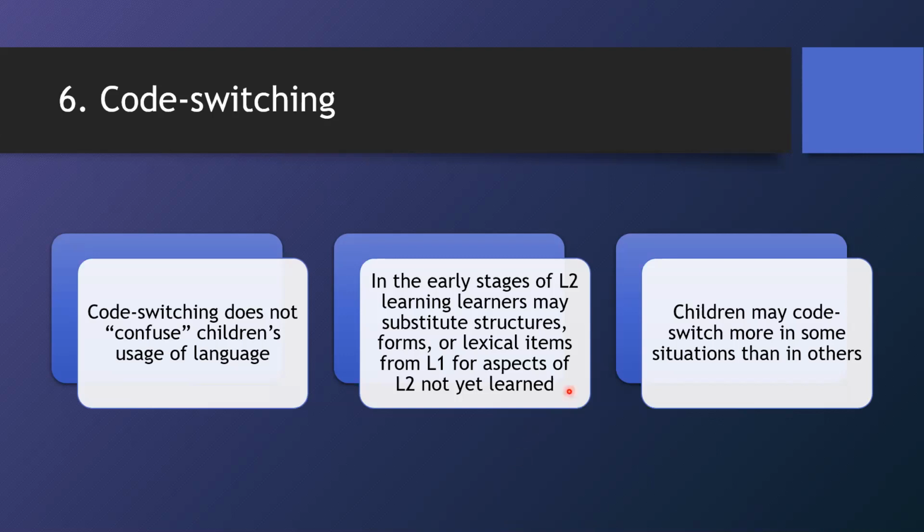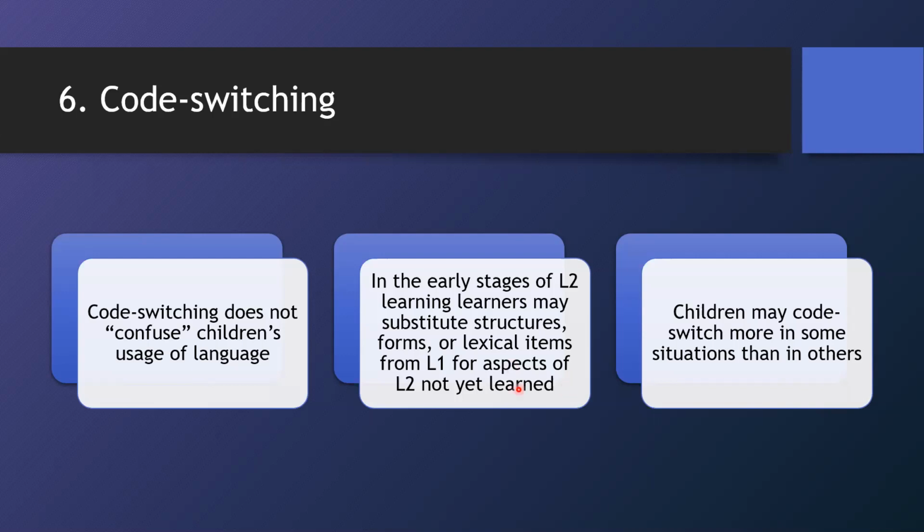In the early stages of learning the second language, and in this case we're saying English, your student or the learner may substitute, and this is what we talked about before, as you're in that interlanguage period, starting with production, but you're not yet to fluency or proficiency, you will have a lot of transfer.